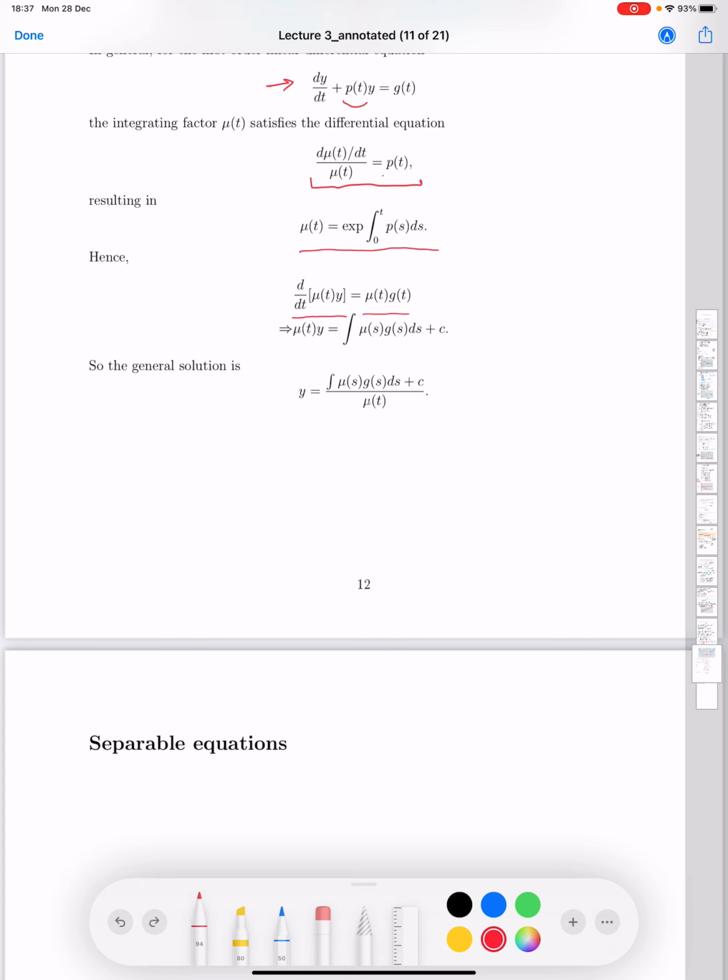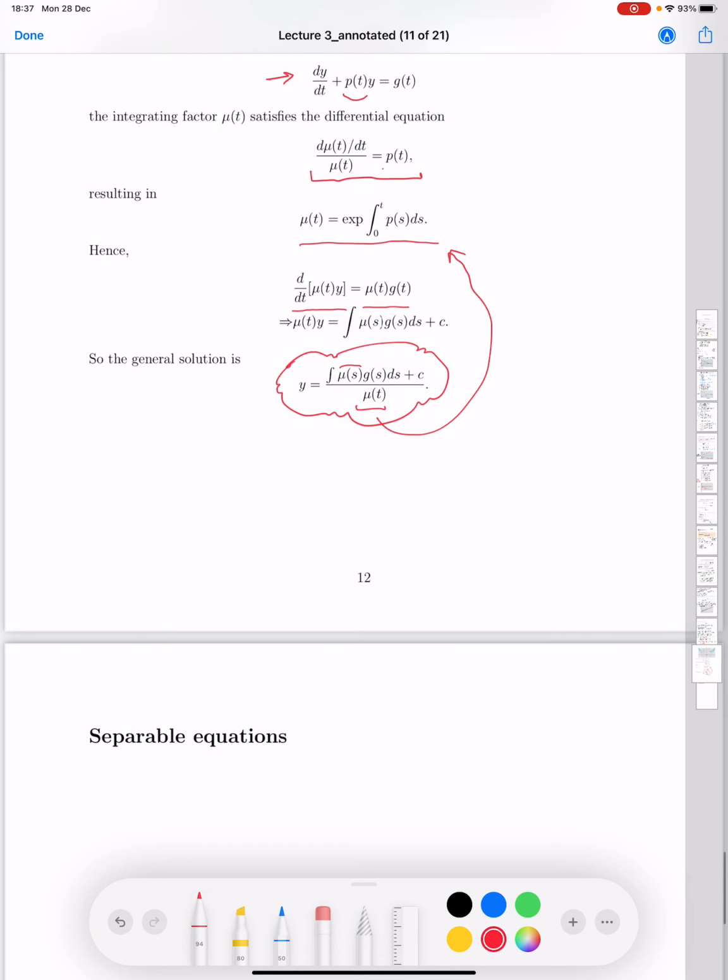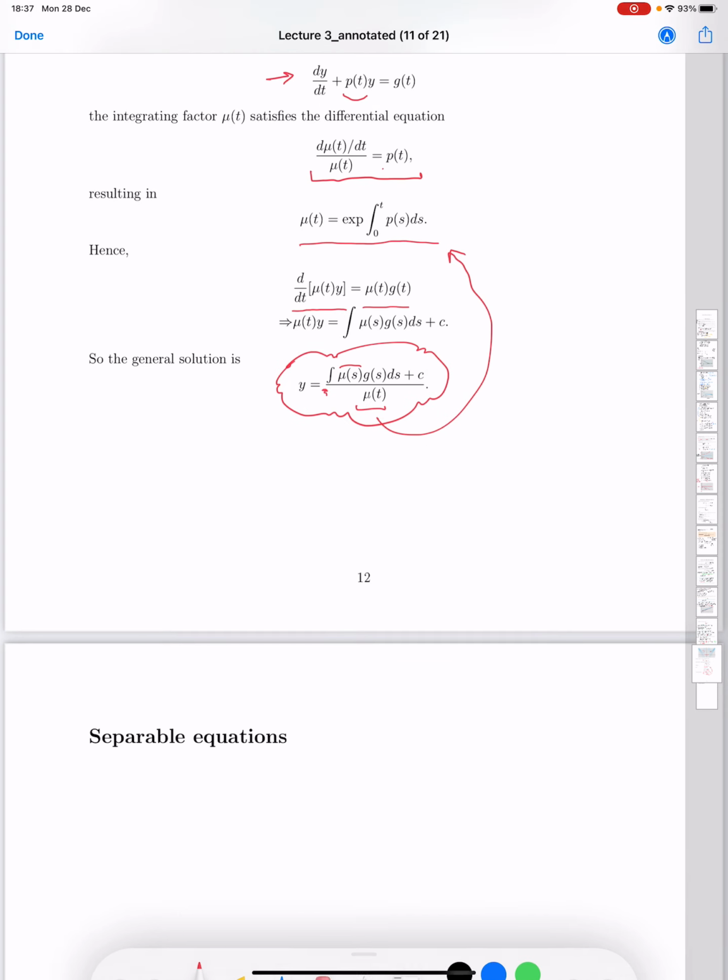And the final solution will be this over here. Now remember that mu itself is here, so I have an integral here, and I have another integral for mu. Okay, and this is the general form solution.